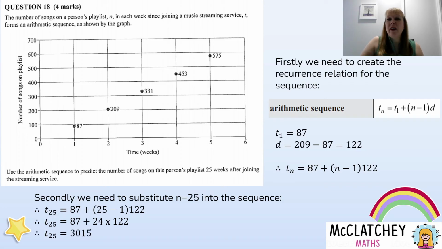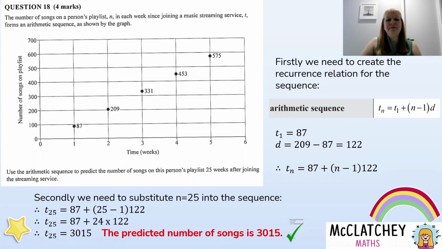Now if we work that out on our calculator, we get the 25th term is going to be 3015, and we should always finish this off by writing a statement, because we're not asked to find T25, we're asked to predict the number of songs. So the predicted number of songs is 3015, and that is our 4th and final mark for this particular question.